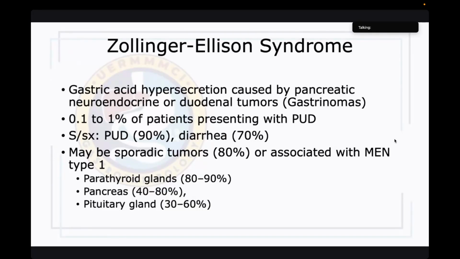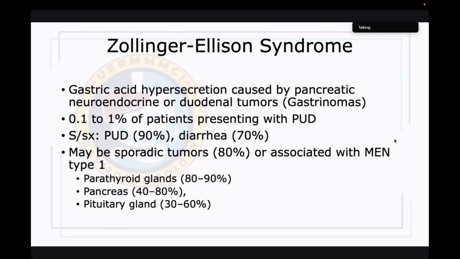If you will notice, there was never a mention of diarrhea throughout the course of this lecture because diarrhea is not a usual symptom of peptic ulcer disease. So if a patient presents with symptoms of epigastric pain consistent with PUD but associated with diarrhea, then maybe you should think out of the box and consider less common conditions such as ZES.